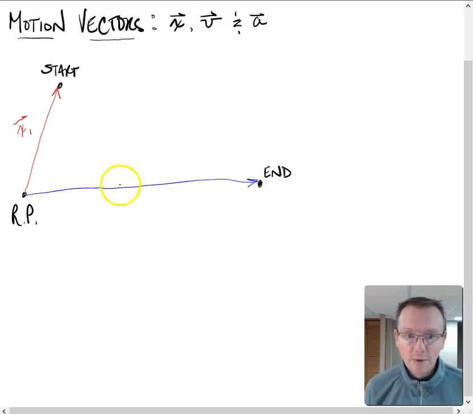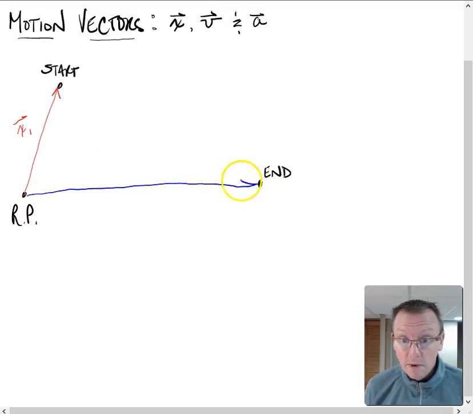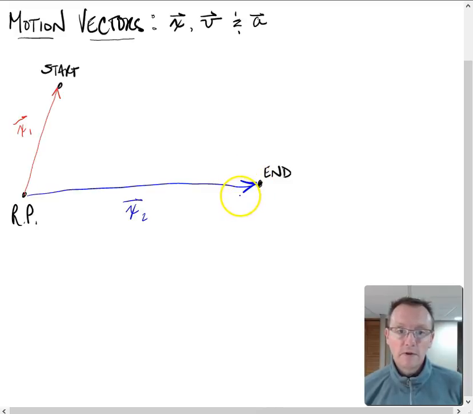I'm going to try it one more time because I don't feel good about that. That's pretty close. There we go. So now it has this x sub 2 position right there. And you can see that it also is a vector because it has a distance away, and it also has a direction in which we're measuring that distance.